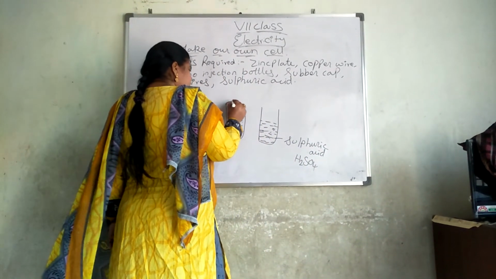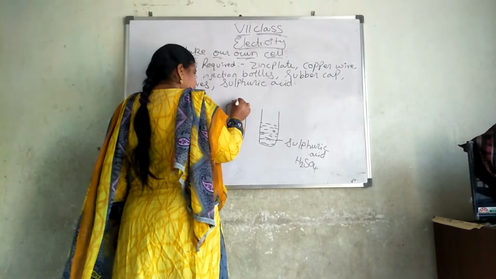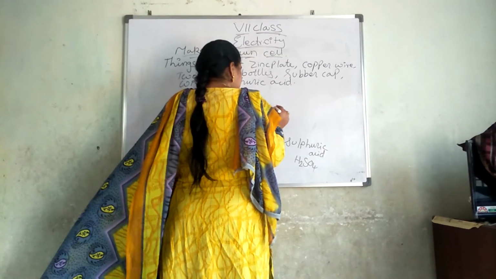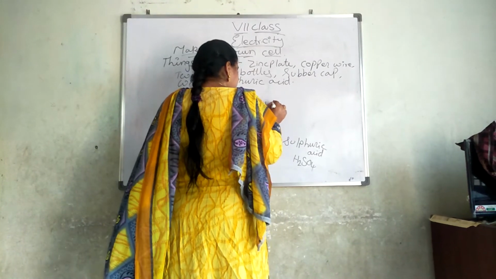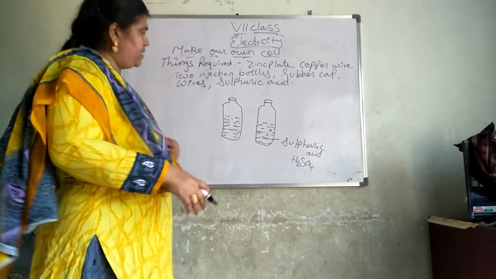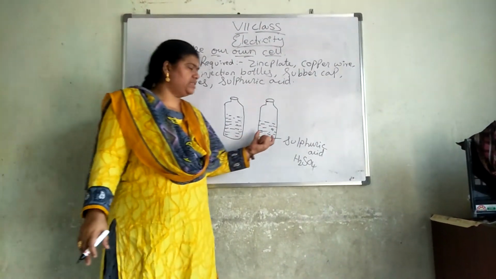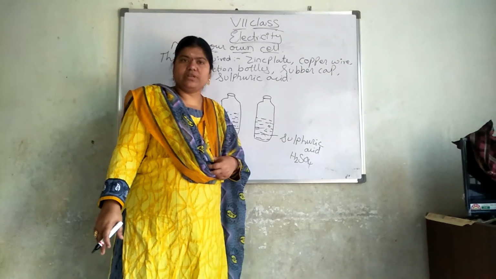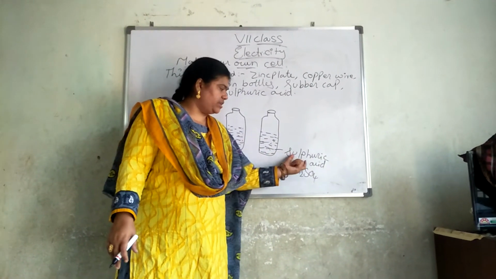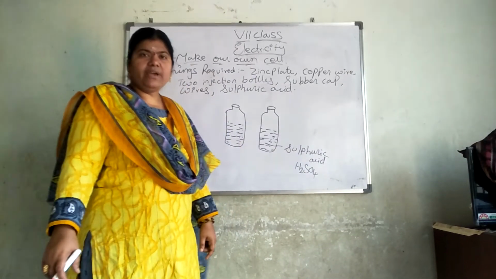The two bottles must be of the same size and shape. We have to take the two injection bottles and fill them with sulfuric acid. What is the formula for sulfuric acid? H2SO4.